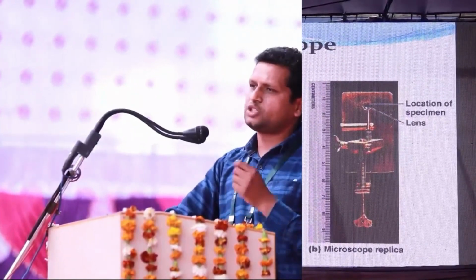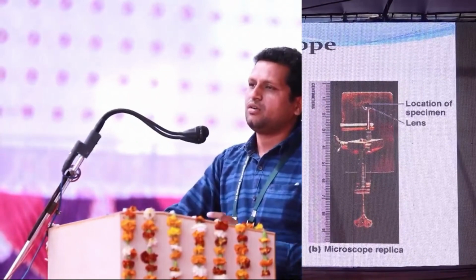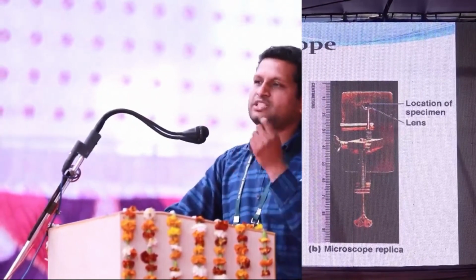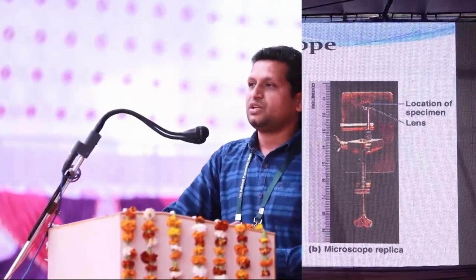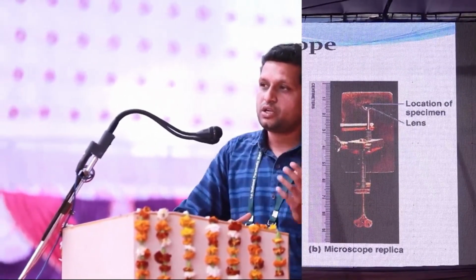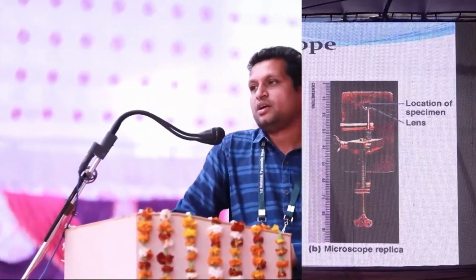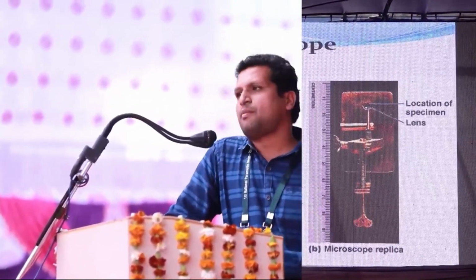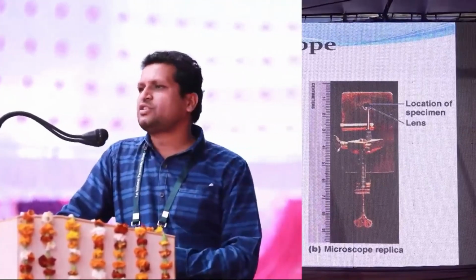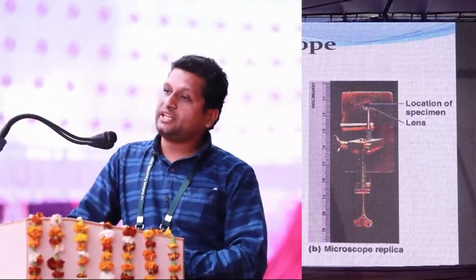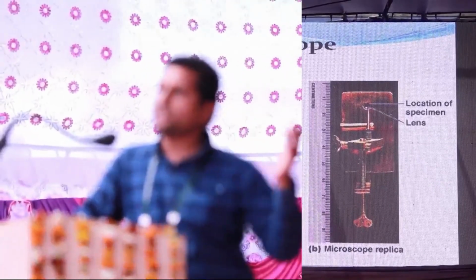And he was just observing the fabric using his magnifying glass. But his vision, his curiosity led him to develop a microscope. This picture is of that traditional microscope that he used.